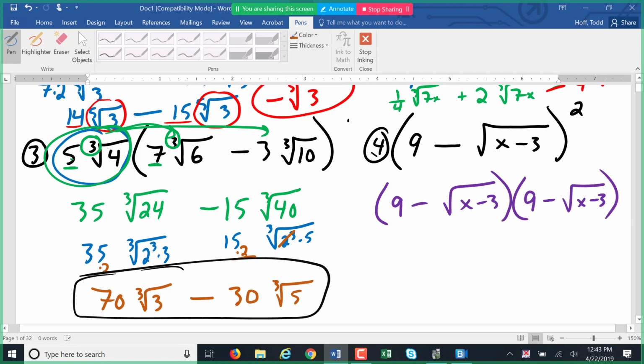We did these last class, we did these multiplying them out long form, but we can just use FOIL if we want to. So let's do 9 times 9 is 81. 9 times negative square root of x minus 3 is negative 9 times the square root of x minus 3.